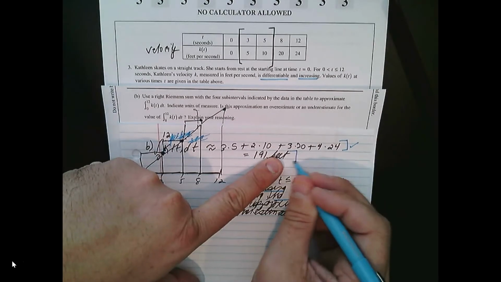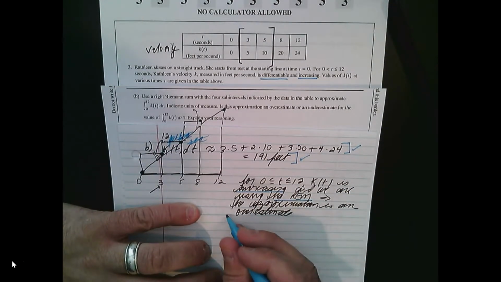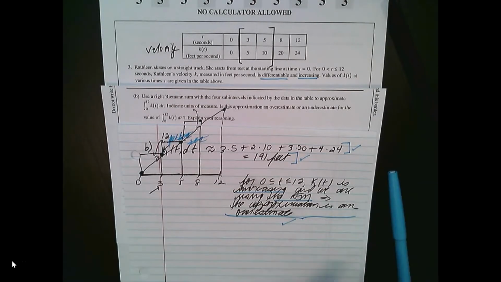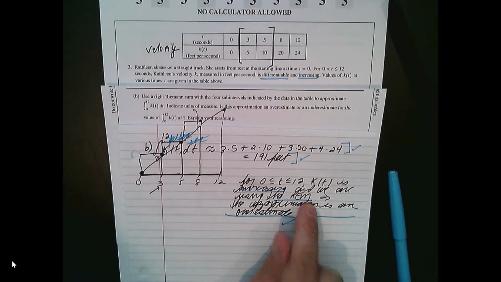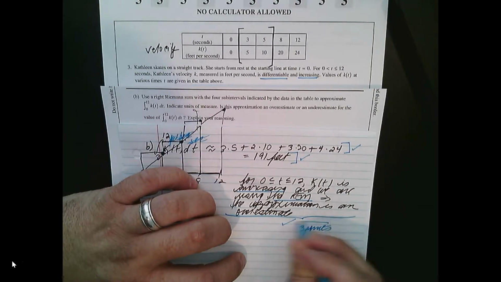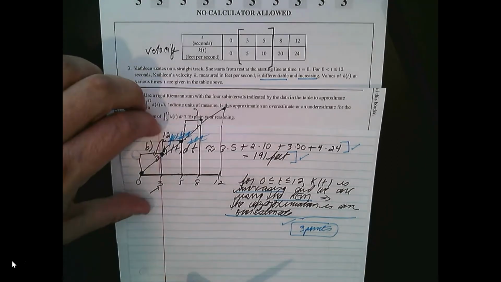The numerical value with units got you the second point. And then being able to say that there's an overestimate and justifying with mention of the behavior of the function and the approximation method being used, that gets you your 3 points. Hopefully you did well on this question. Let's keep going.